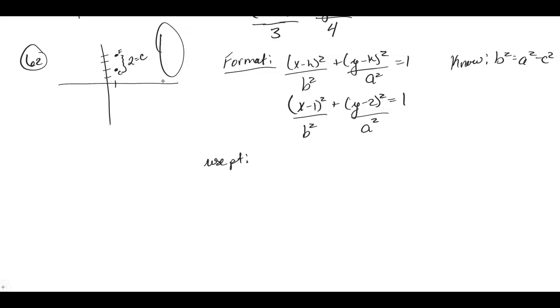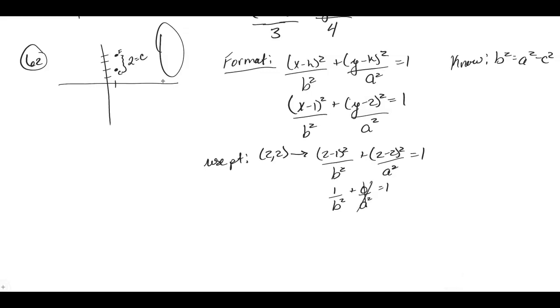The point that they gave us in this one was 2, 2. So let's substitute that in and see where that gets us. So we're going to have 2 minus 1 squared over b squared plus 2 minus 2 squared over a squared is equal to 1. So this is going to be 1 over b squared plus 0 over a squared is equal to 1.